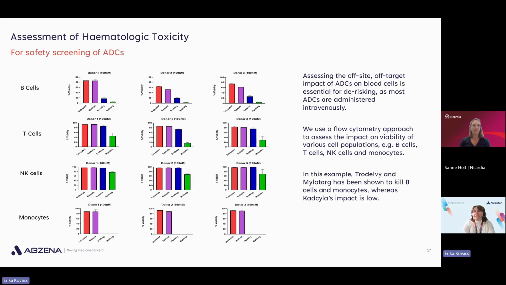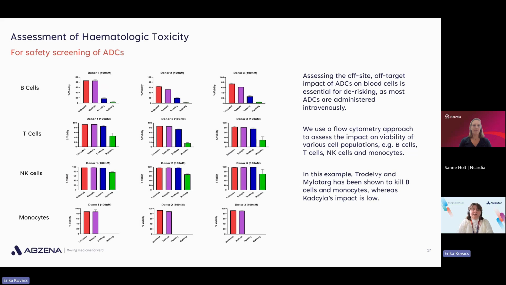Last but not least, the other aspect that we often assess when it comes to immunological and hematological toxicity is safety screening for ADCs. ADCs are typically administered intravenously, so they hang around quite a bit in the bloodstream. As such, it is quite important to assess whether they have any longer-term effects on the various cell populations.